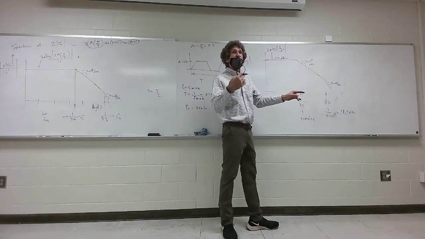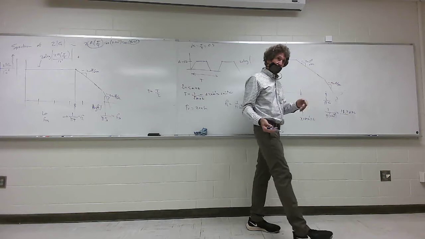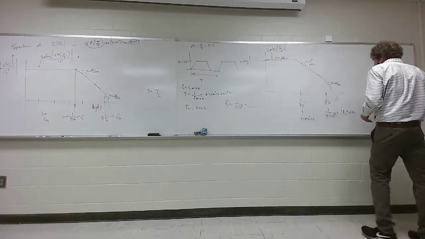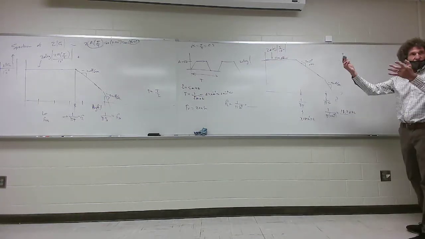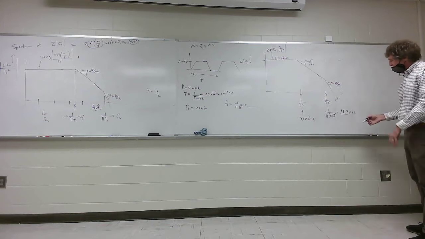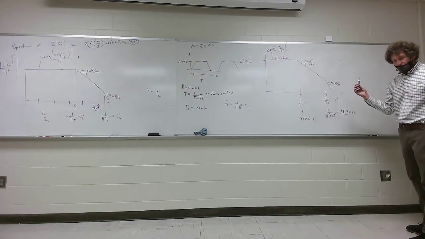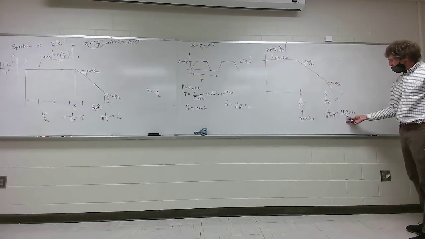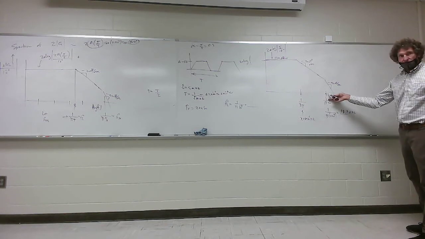Now I'm going to ask a specific question, and this is what happened. They're going to say, what is the level of the signal? They really mean in dB microvolts at a given frequency. I'm going to pick a frequency. I know if I'm at 15.7 megahertz, I'm right there.